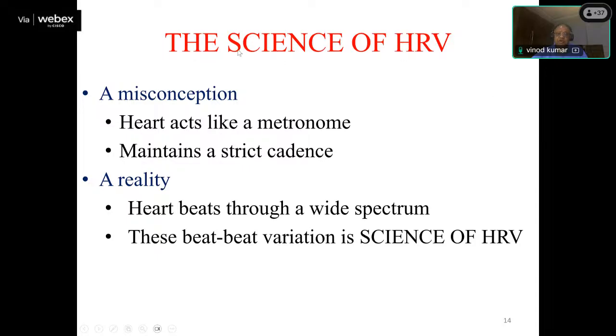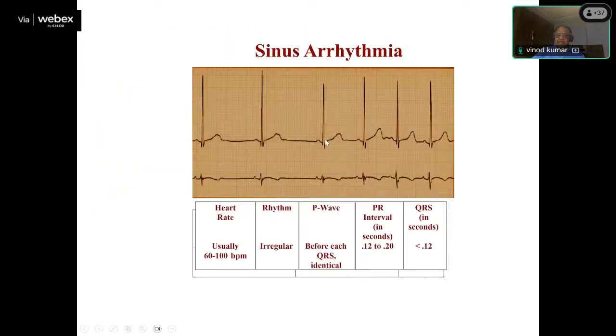Now, what is the science behind HRV, heart rate variability? Heart rate variability is how the heart rate is varying, that is, how the interval between two consecutive R waves is changing. You must keep in mind that normally we say my heart rate is 60 or 70 beats per minute. This 70 beat is not constant.